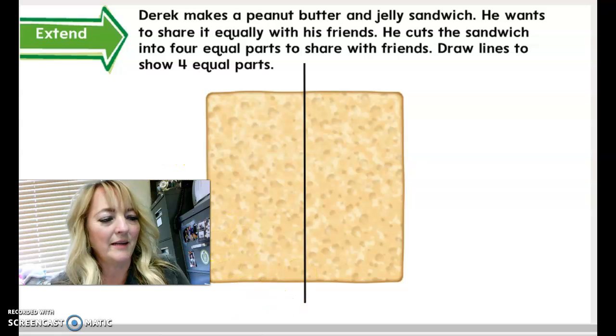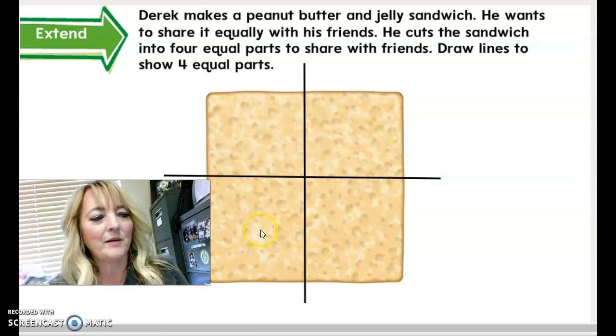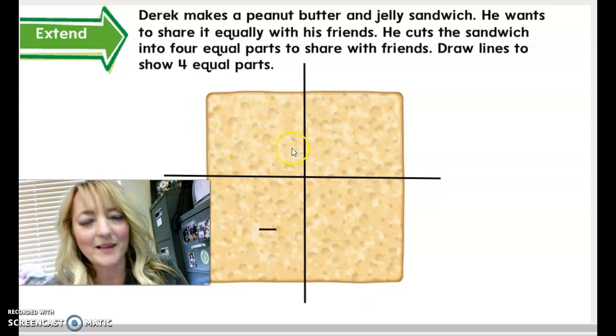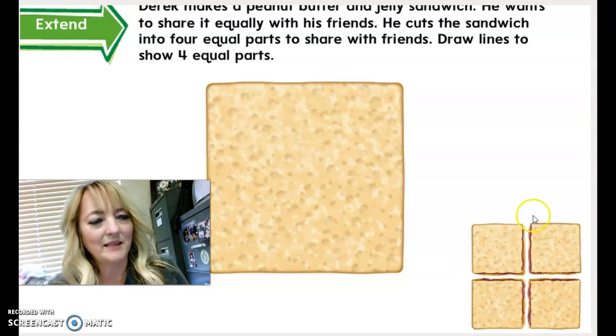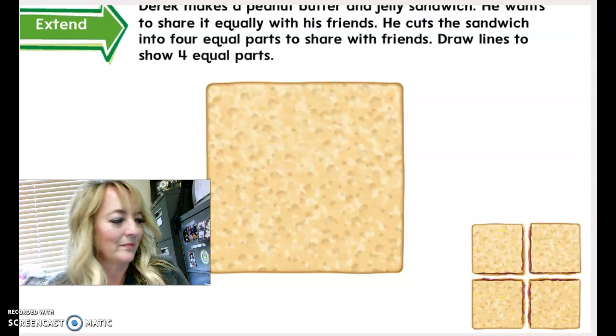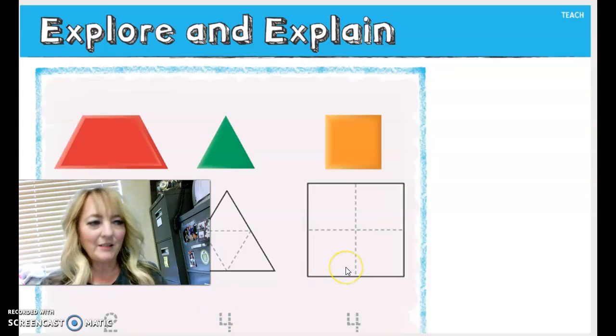So we'll draw another line going horizontal. And that will give 1, 2, 3, 4 equal parts. Or you could also say fourths. We cut it into fourths. So here's the example in the corner. Exactly what we did. Okay, and now we're on to our paper.